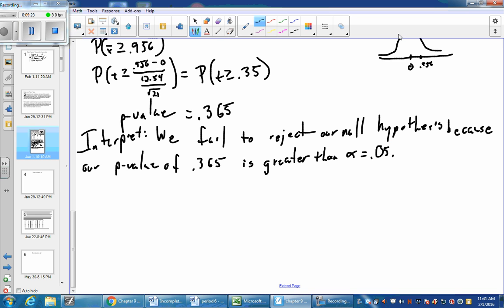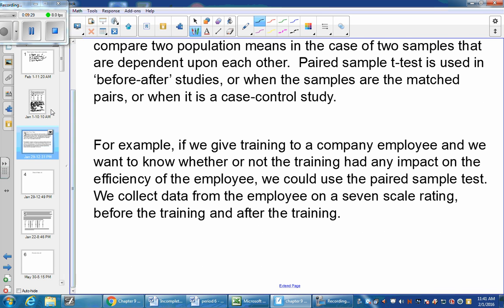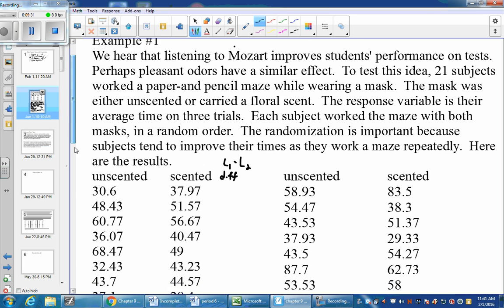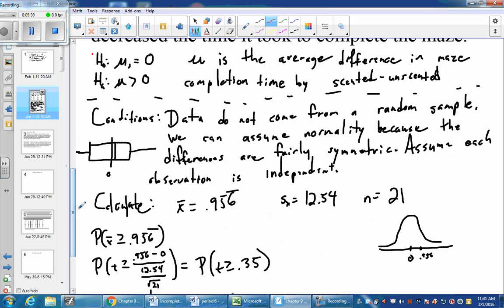So now, in the end, if we reject the null hypothesis, we reject this. Or we fail to reject this, so we can't say that's true or false. So we don't have evidence that this is true. We don't have evidence that the mean difference is greater than 0.